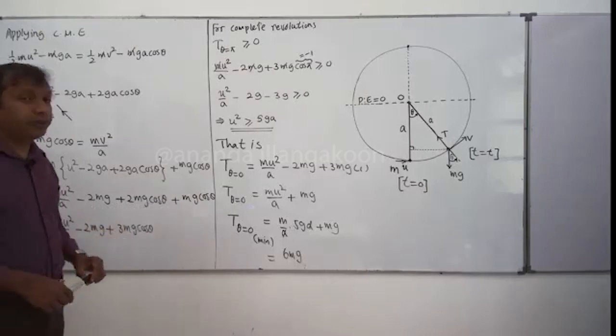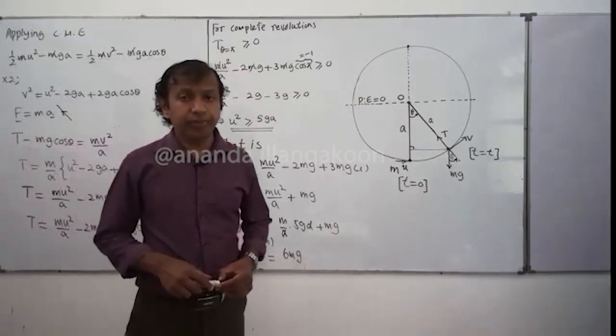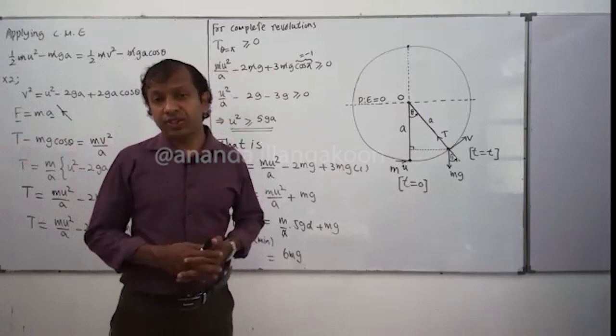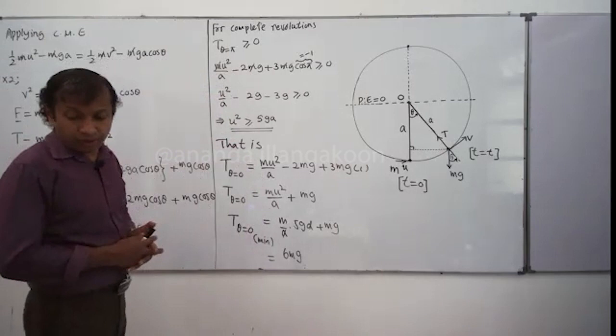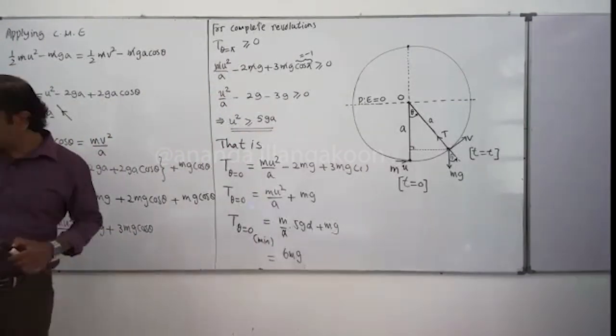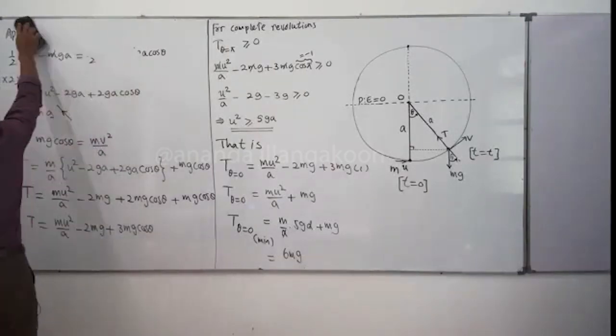Now, the particle leaves the circle really when tension becomes 0. So to find out the position where the particle leaves the circular motion, we can easily use this.